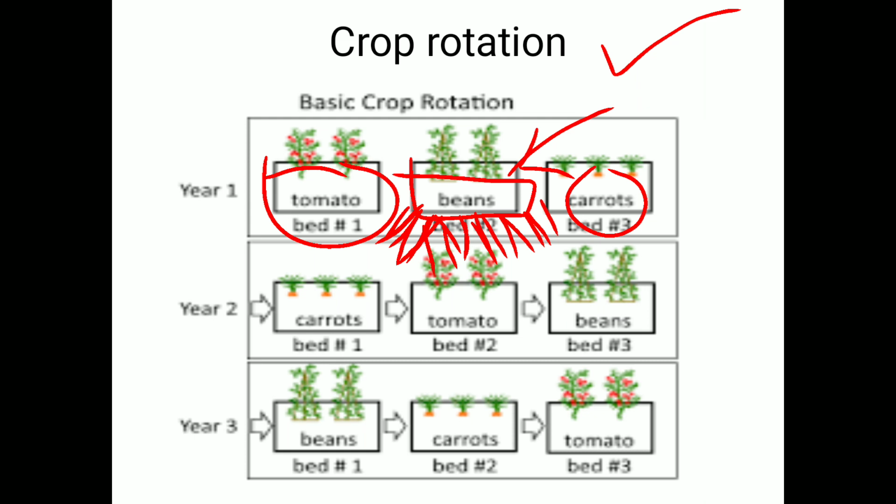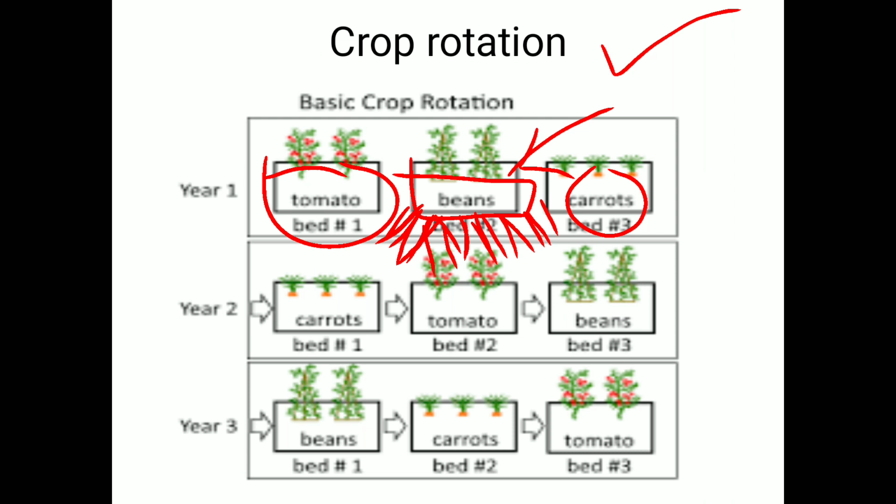Out of these, first is crop rotation. What is meant by crop rotation? Crop rotation is nothing but growing different crops on the same piece of land year after year. Why do we do crop rotation? If you rotate the crop season after season, then the fertility of the soil is maintained and productivity of the soil is increased.